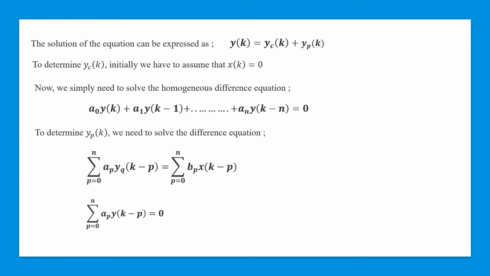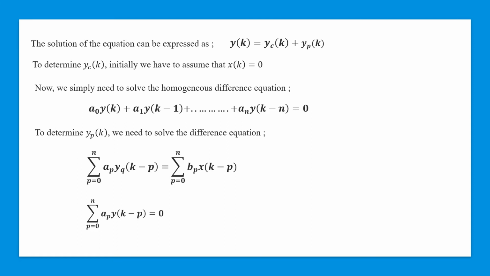Now we simply need to solve the homogeneous difference equation, that is a0 y(k) plus a1 y(k minus 1) plus up to an y(k minus n), equal to 0. To determine yp(k), we need to solve the difference equation.